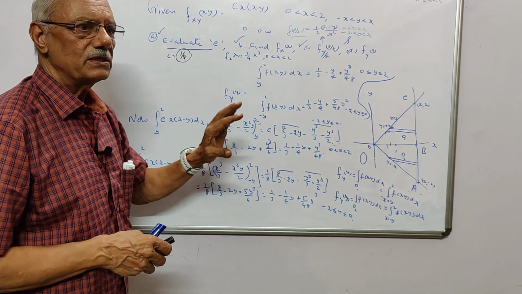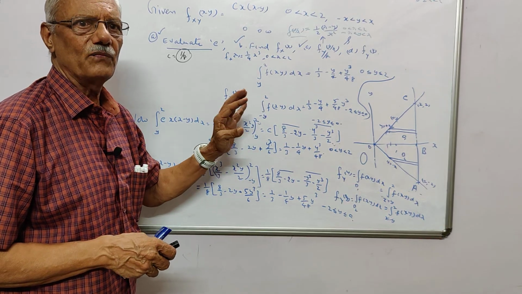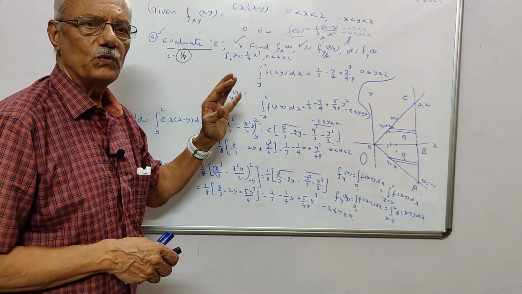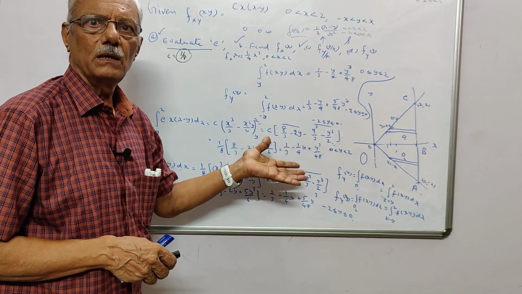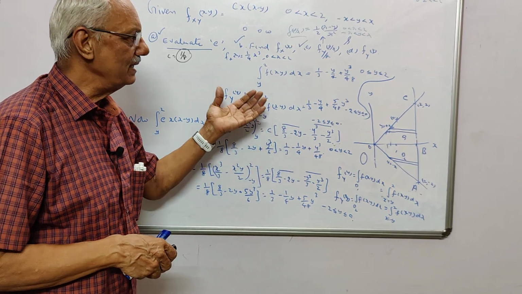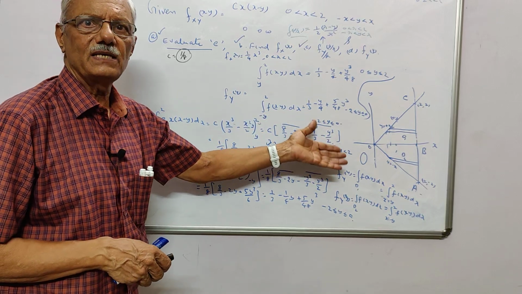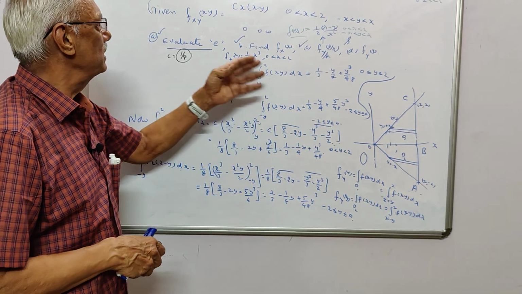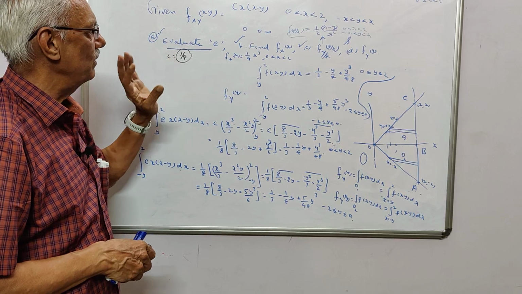You must know the formulas. For f(x, y), if you want to prove that it is a valid probability density function, then integrate over the region and find that its value is equal to 1. Using that idea only, we are able to get this value of c.